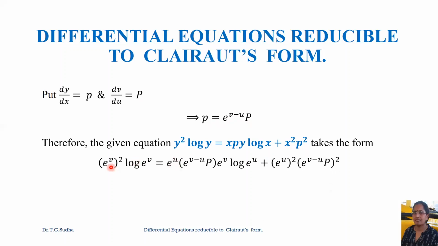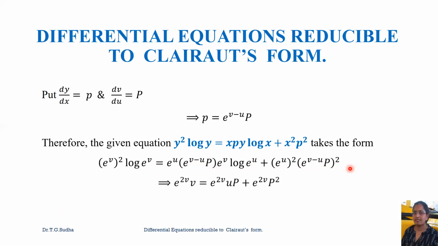So y is e power v, so e power v whole square log of e to the power of v, that is y value is e to the power of v, e to the power of u, that is x, and p value is e to the power of v minus u into capital P, and y is e to the power of v, and log x is log e to the power of u plus e to the power of u whole square, that is x square, and p square is e to the power of v minus u into capital P whole square.